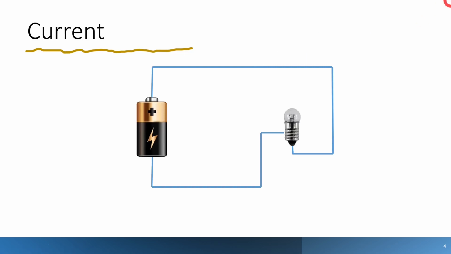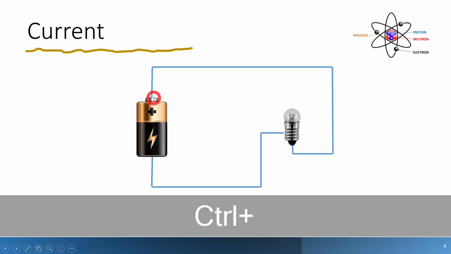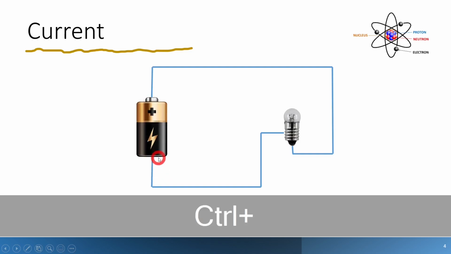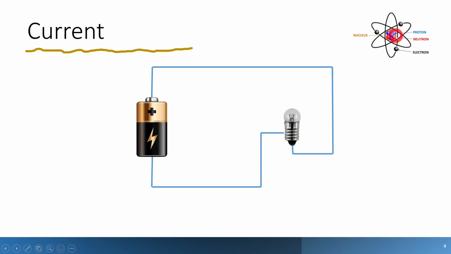So I put this battery into a very simple circuit, and we know that we have a potential difference here. At the top, we have a positive terminal, and at the bottom here we have a negative terminal. And over here, I have a small version of our atom, and we have a number of protons, neutrons, and electrons. And if it's stable, we have the same amount.